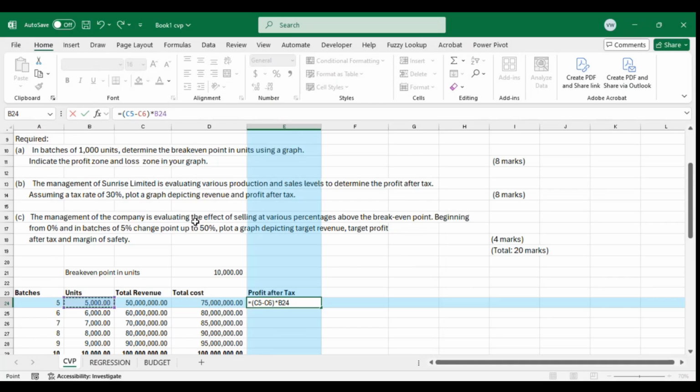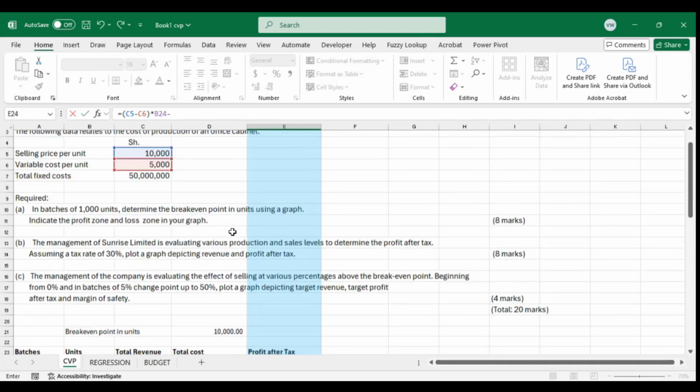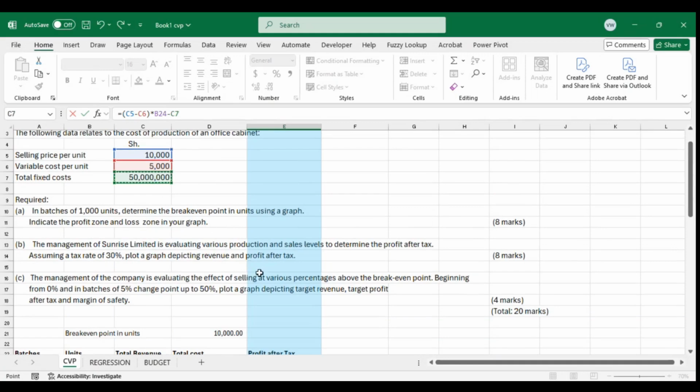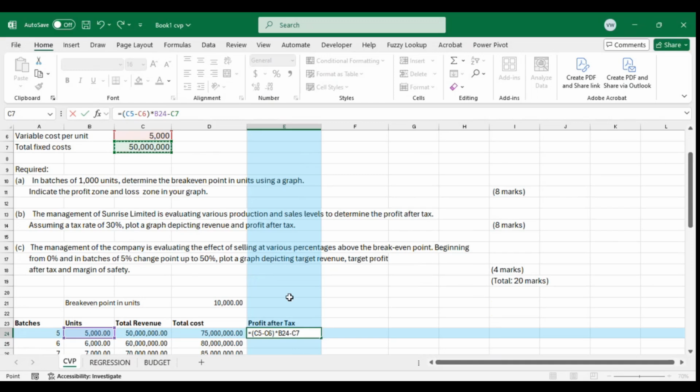From the total contribution now, I minus the fixed cost, and we already know that the fixed cost is 50 million.